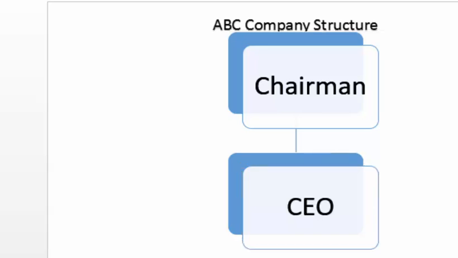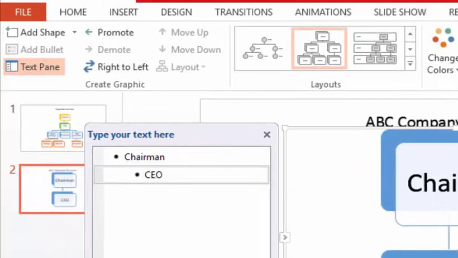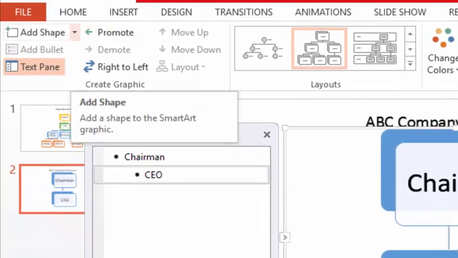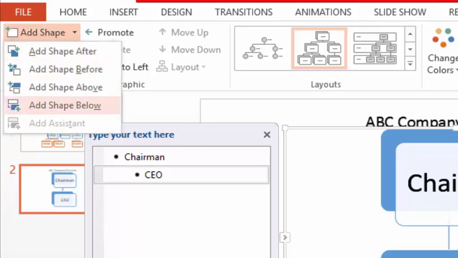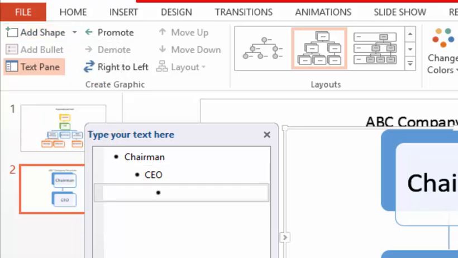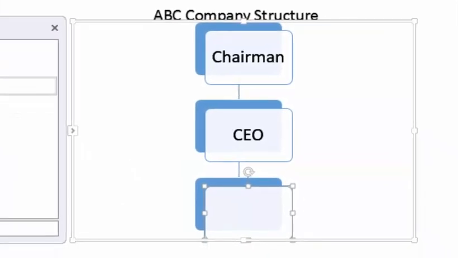Now under CEO, I will also click this box and insert add shape below, and maybe that one will be branch managers.